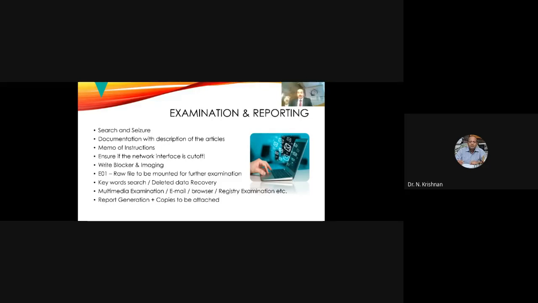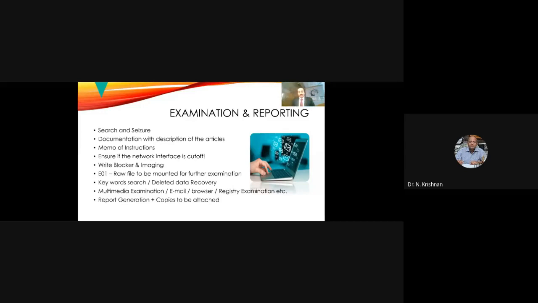For this reason, to avoid any logs being created on the source hard disk, we use a device or a software called a write blocker, which means no activity can be created on the source disk. This is going to secure the last time of access, the date and time which I mentioned. That is secured if we use the write blocker. If you don't use the write blocker, a recent time of access might be created as a log on the hard disk.